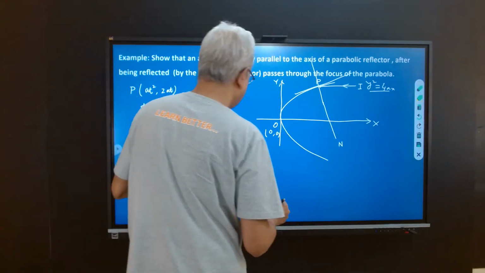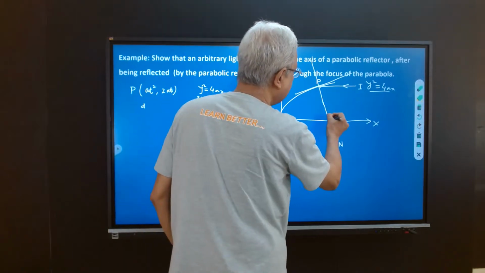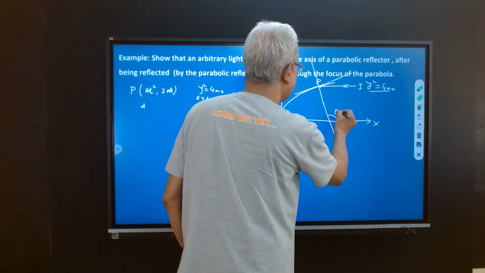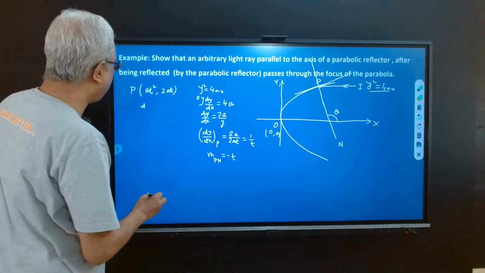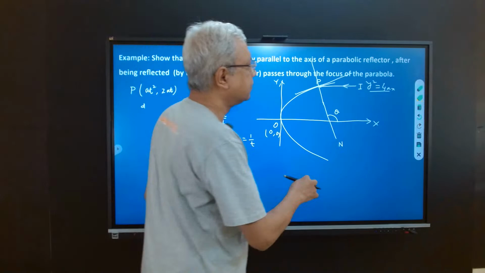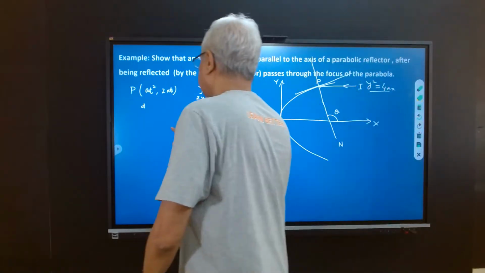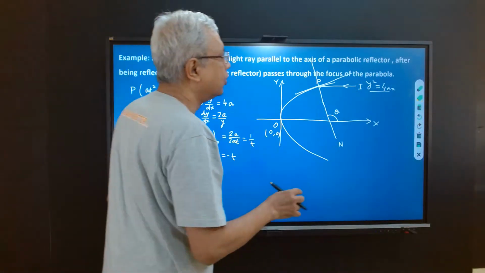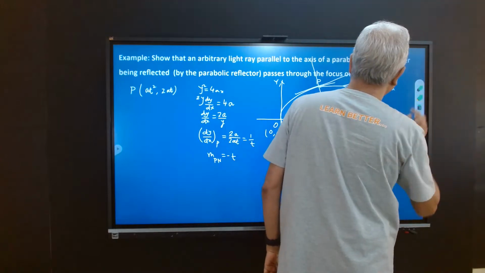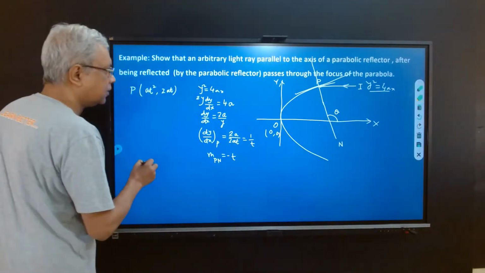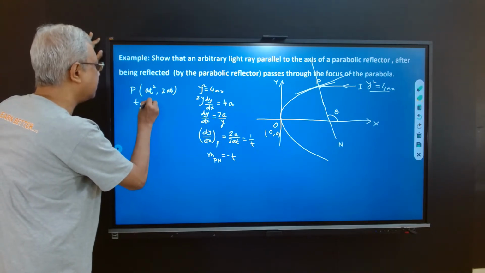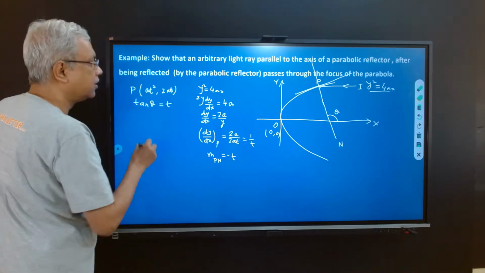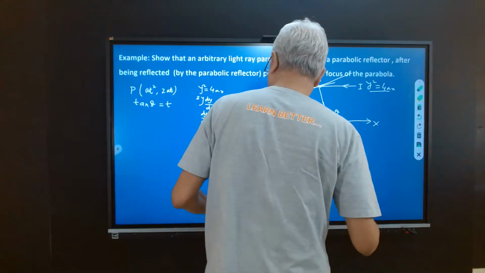Now let this normal line have the inclination theta with the positive x-axis. So we can write tan theta is equal to t.